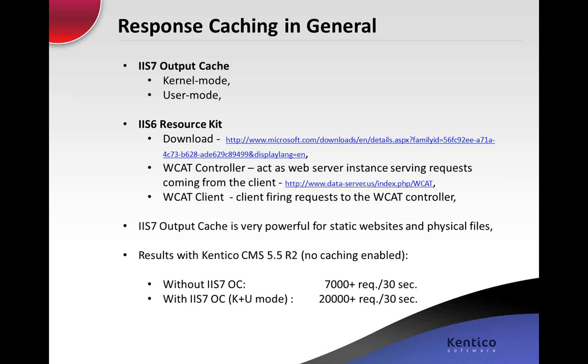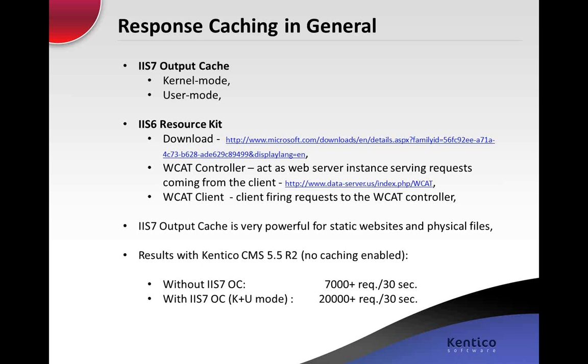There was huge load on network latency. Overall, the website basically couldn't handle the load they got. So we investigated the possibilities, and one of them that came in handy was the IIS 7 output cache.